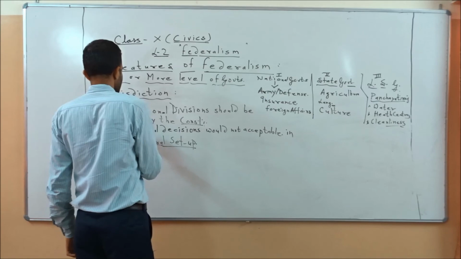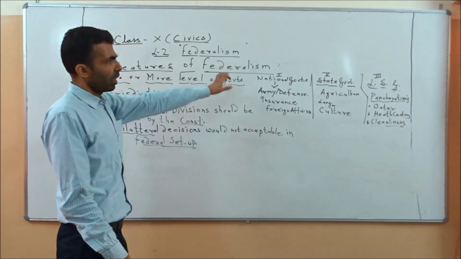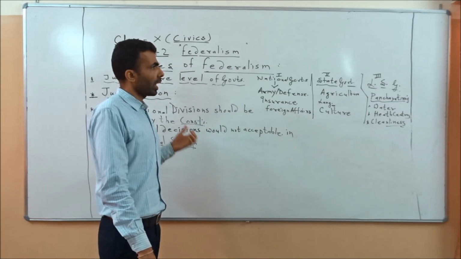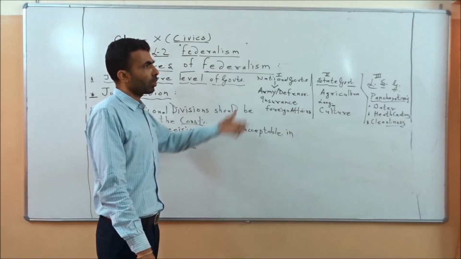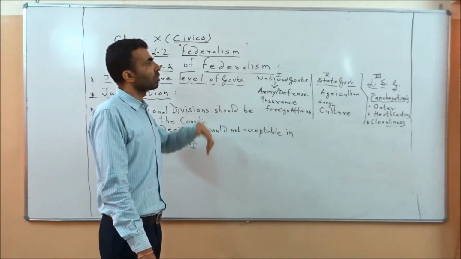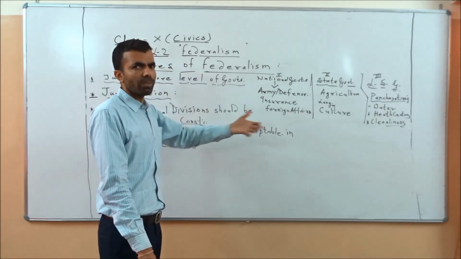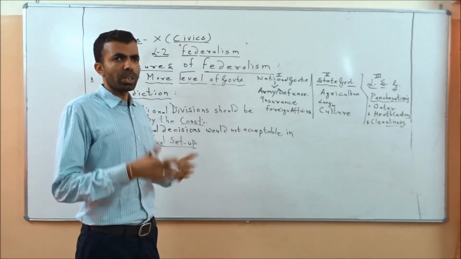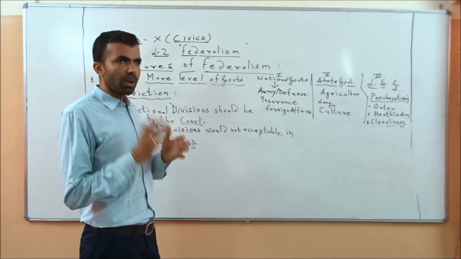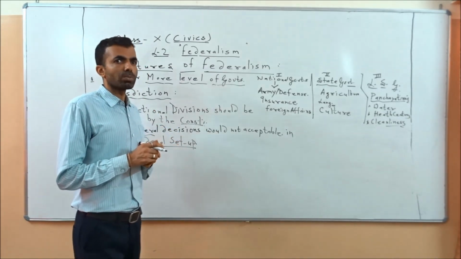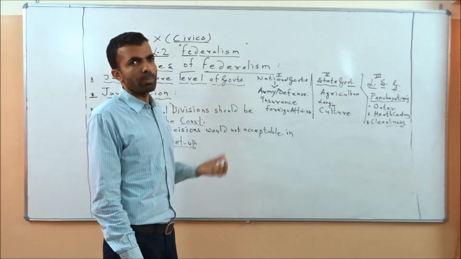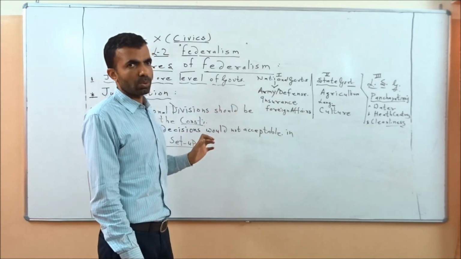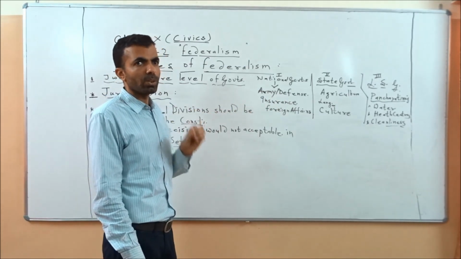So if there is any issue regarding the nation, okay, regarding the national issue, if a law is to be framed, that should be acceptable, that should be admitted, or that should be given consent by at least more than half of the states. Okay, you know, in political science you will be studying that some of the national issues should be passed by special majority, and that in a special majority provision, half of the states should give their consent on some specific national interest issues.